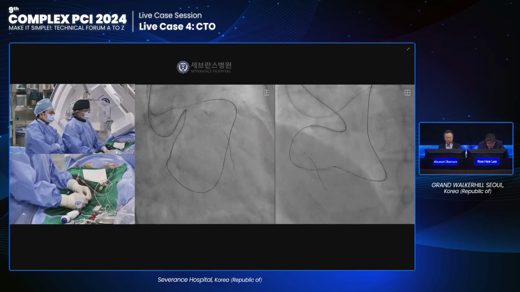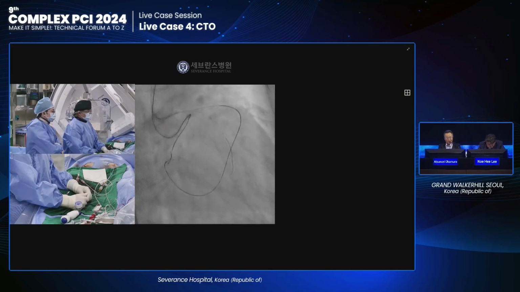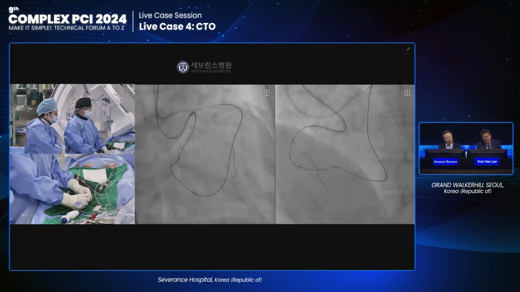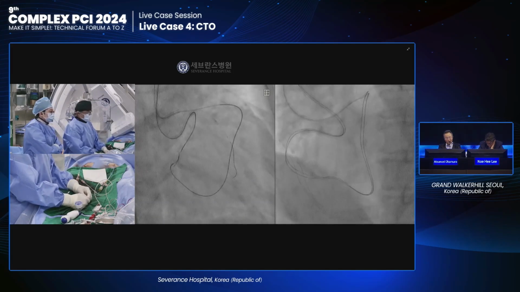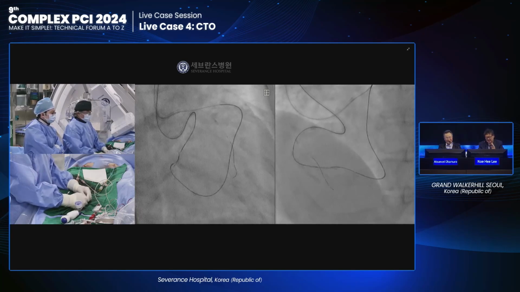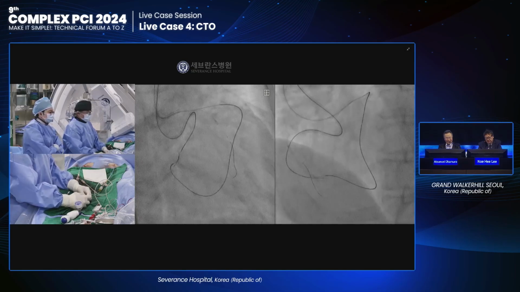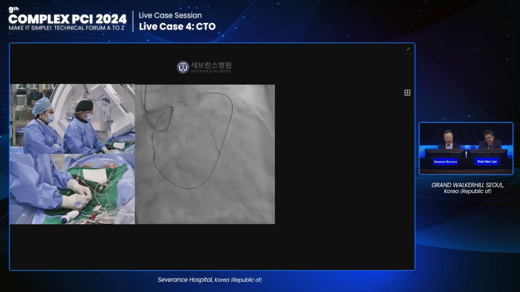Anyway, we need some dilation of this portion. Yes, I think it's almost enough. Longer would be much better, but it almost reaches. Okay. Yeah, almost the same lumen. Same lumen.